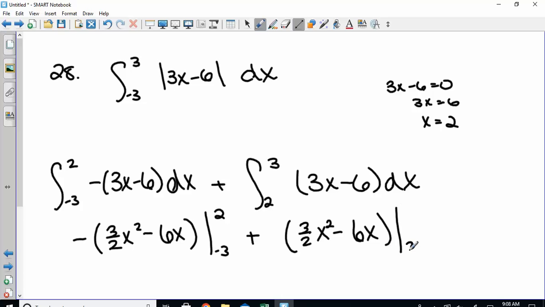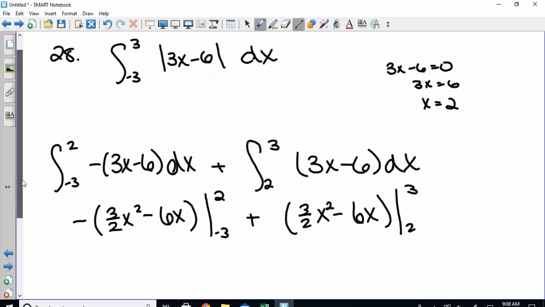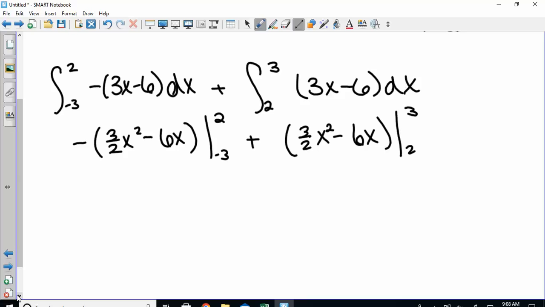The antiderivative of 6, 6x. So if you plug in a 2, 2 squared is 4, divided by 2 is 2, times 3 is 6, 12, put in a -3.